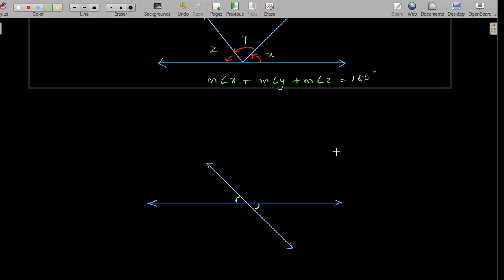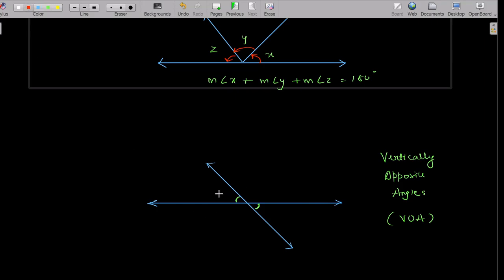These are called vertically opposite angles. Are you familiar with this? Vertically opposite angles? Yeah. At some places, they are also referred to as just vertical angles, so VOA or just VA. And these two will be congruent.